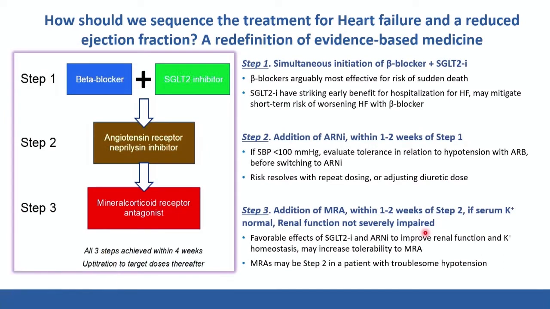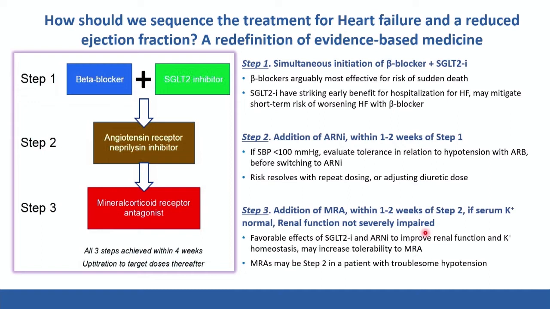Now, when it comes to all these drugs, in the initial phase of this 4-drug concept, they have introduced a sequential introduction of drugs. According to the initial phase, in step 1, they say to go for beta blockers plus SGLT2 inhibitors.